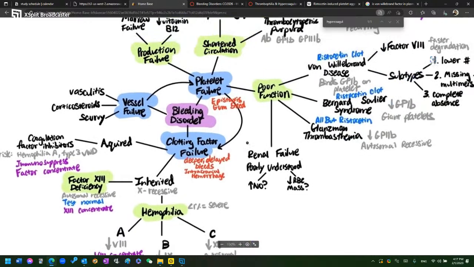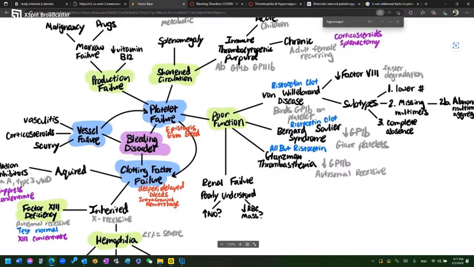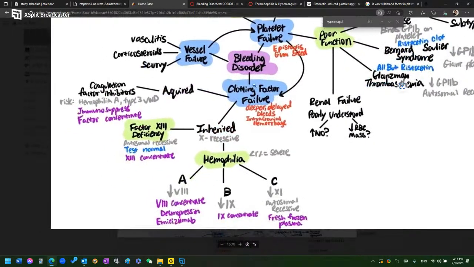So hemophilia A, once again, looks a little bit like type 3, complete absence, von Willebrand's disease. I would assume that with type 2 von Willebrand's you still have some factor VIII. But complete absence causes quick degradation of factor VIII, which is the intrinsic pathway, as we were learning, which causes your bleeding.